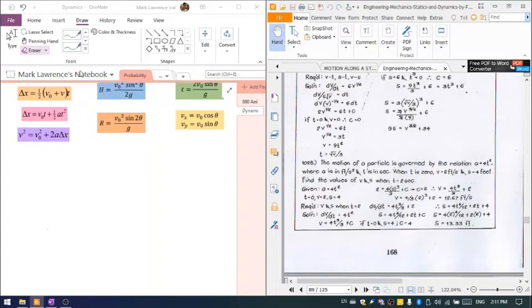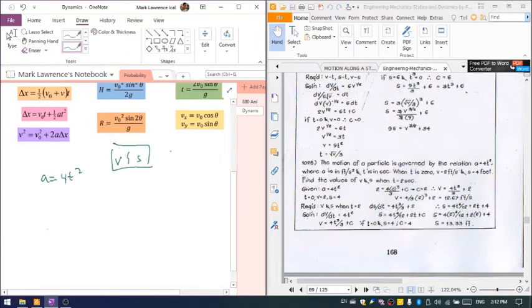So for example, the acceleration of a particle is given in terms of 4t squared, and you are going to find the velocity and displacement when t is equal to 2 seconds.